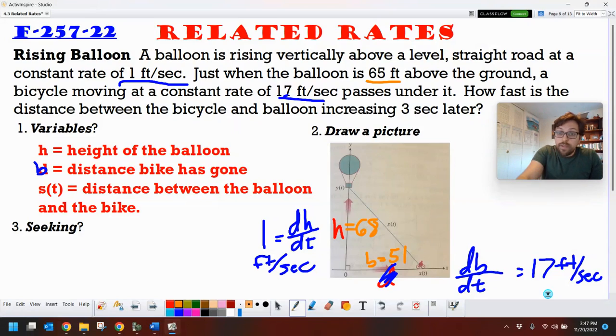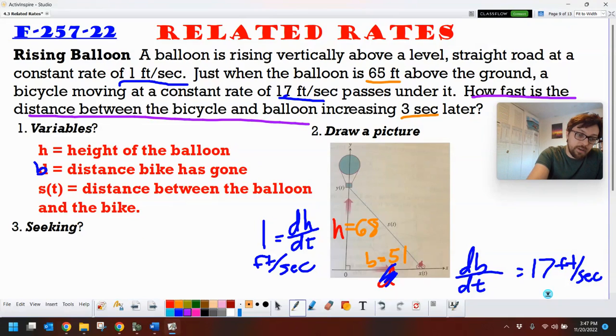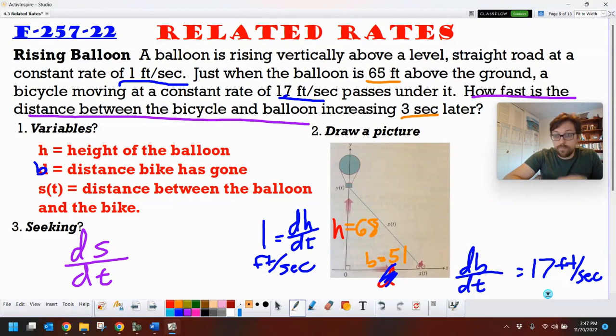Now I've gotten all that information into my graph. The thing I want to figure out is how fast the distance between the bicycle and the balloon is increasing 3 seconds later. So we need to figure out, I'm just going to call it ds over dt. Gotta find that.